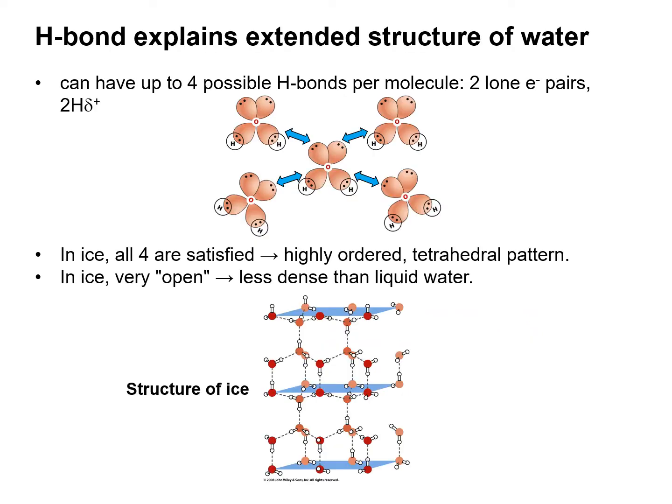Again, here's an interesting property about hydrogen bonding, where one water molecule can have up to 4 hydrogen bonds with other water molecules in the vicinity, by having this sort of tetrahedral structure.